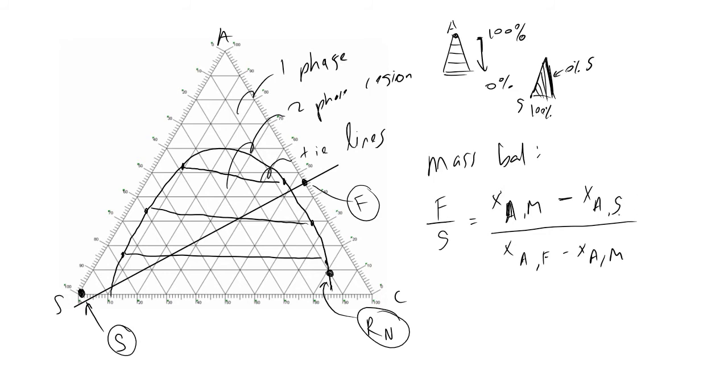And your mixing point is a fictitious point. XAS is typically equal to 0 because it's a pure solvent. And because we know the feed flow rate, the solvent flow rate, and the feed composition of its solute, we can evaluate XAM because we have one equation with one unknown.